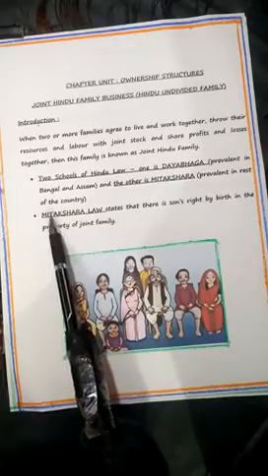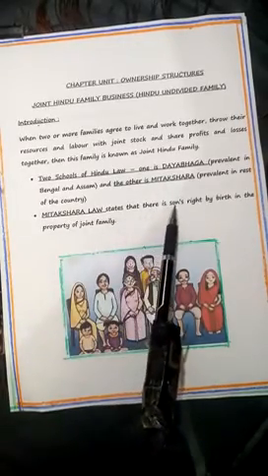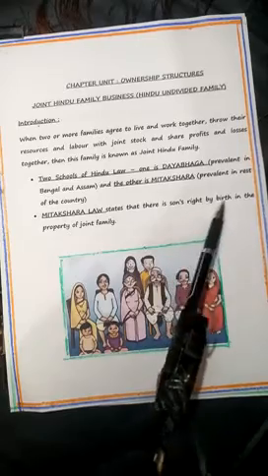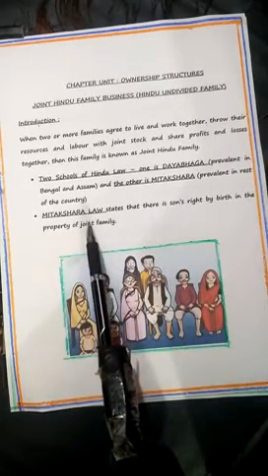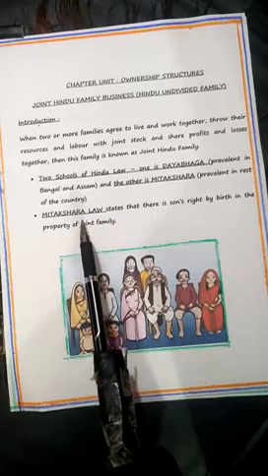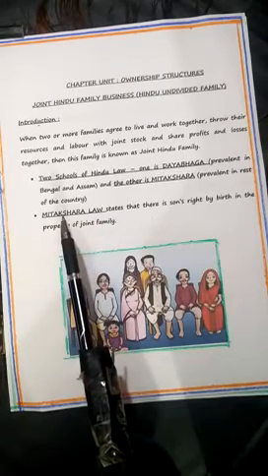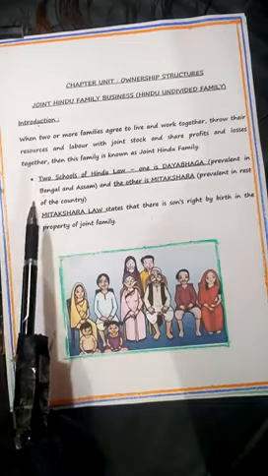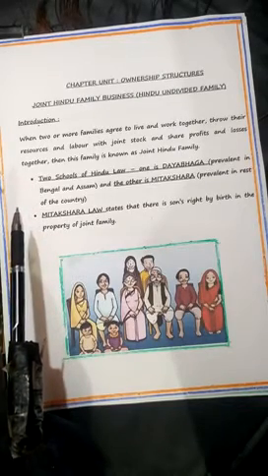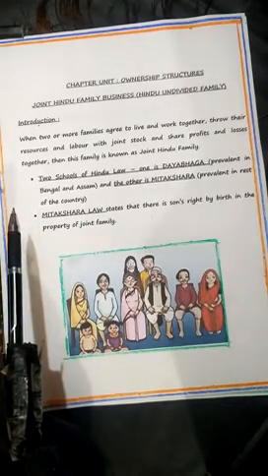Mitakshara law states that a son has a right by birth in the property of the joint family. Nowadays, even female members of the family are entitled to some part of the property, wealth, and income of the joint family business. So we have learned so many things. Let us begin the next class with the joint Hindu family business, also called the Hindu undivided family business.